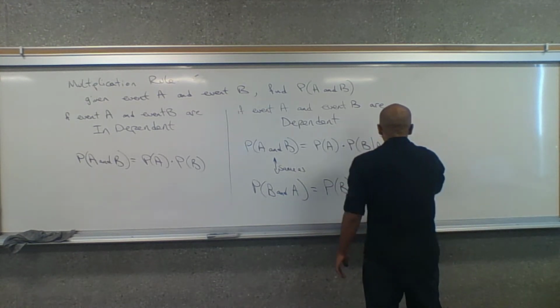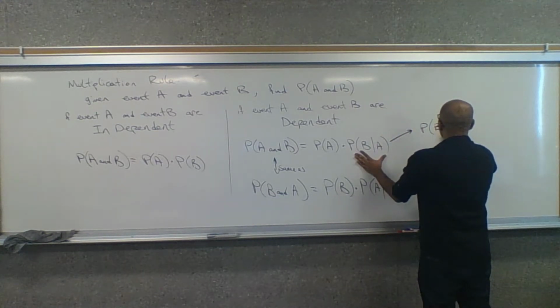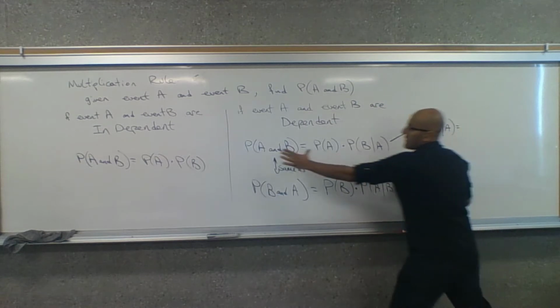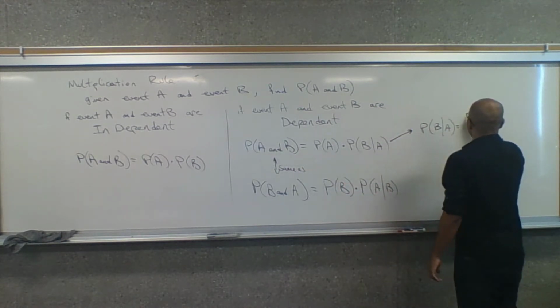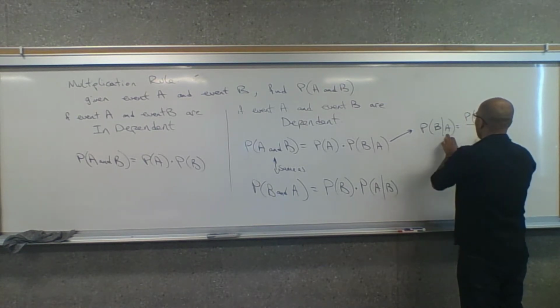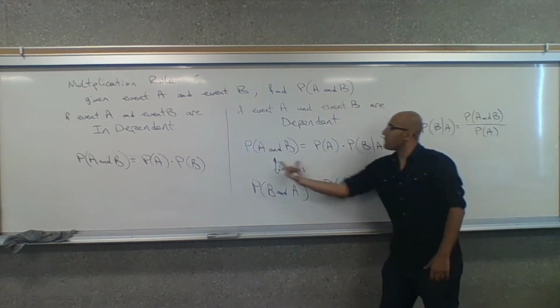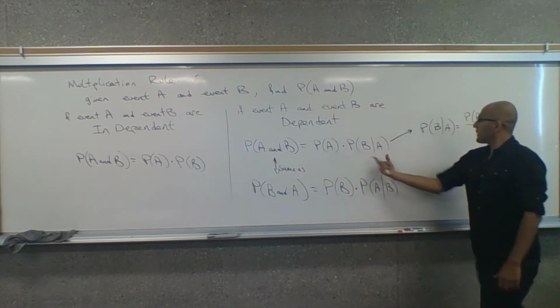So from here, we can say that the probability of B given A is equal to the probability of A and B divided by the probability of A. Right? All I did is divide both sides by this one. That's how we get that.